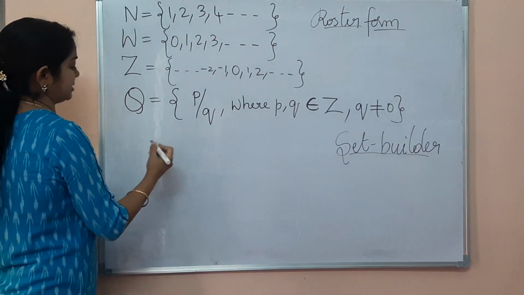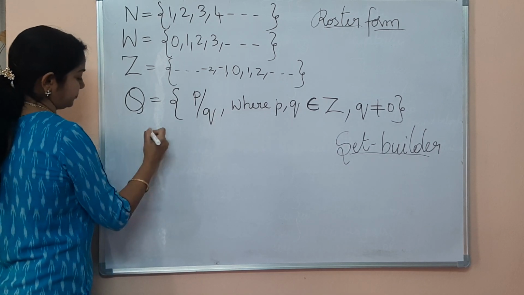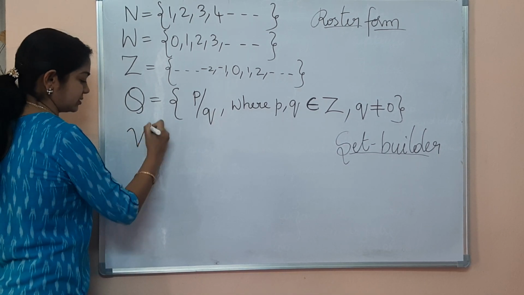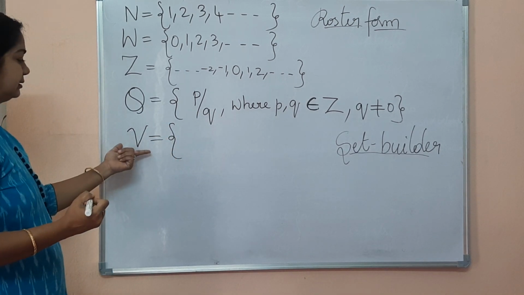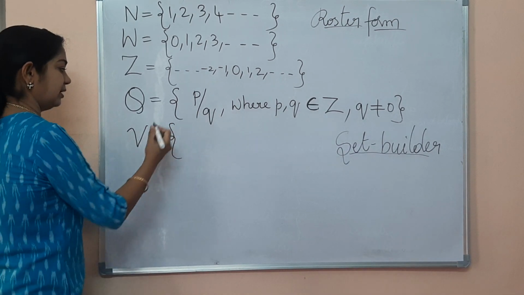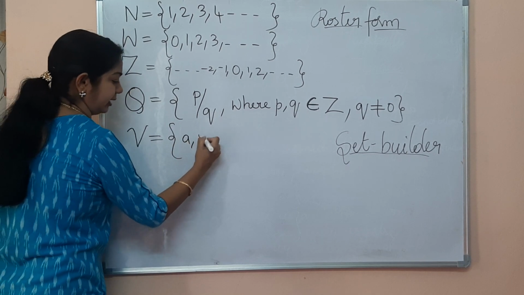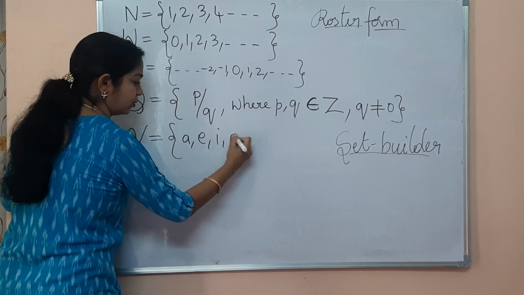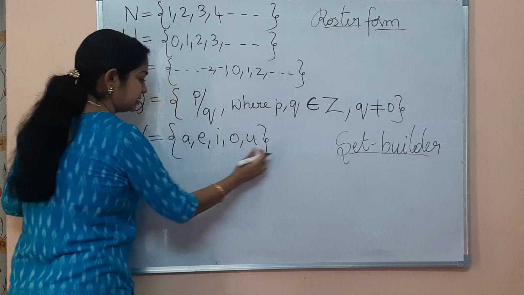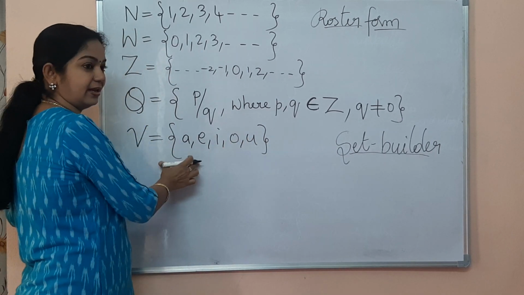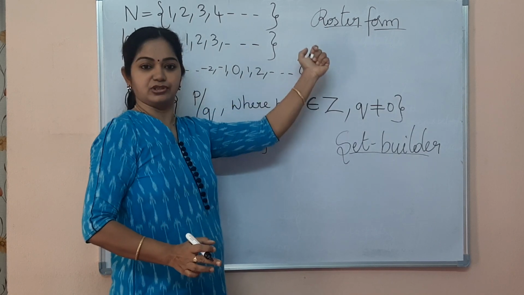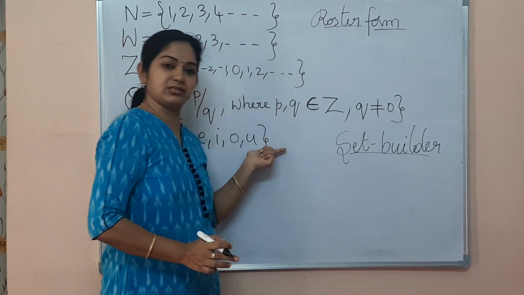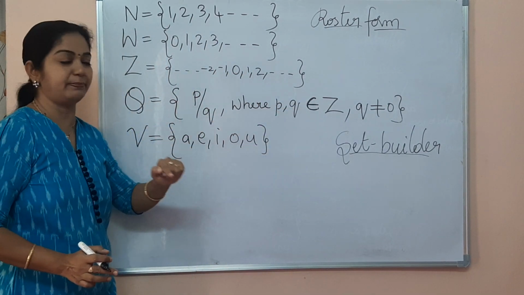Few more examples I'll give you. Take the same example of vowels. This is a set of vowels, A, E, I, O, U. This simple representation of the elements is the roster form. I want to convert this into the set builder form.